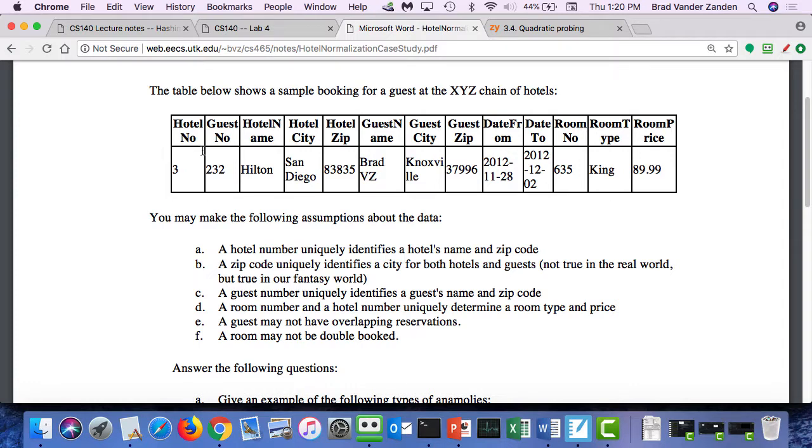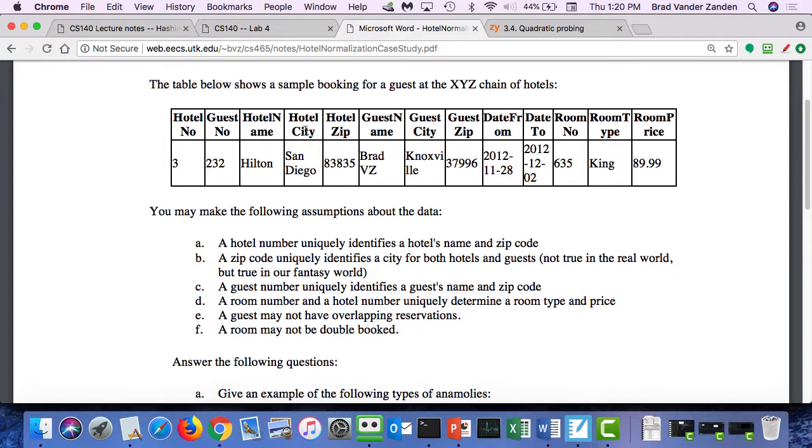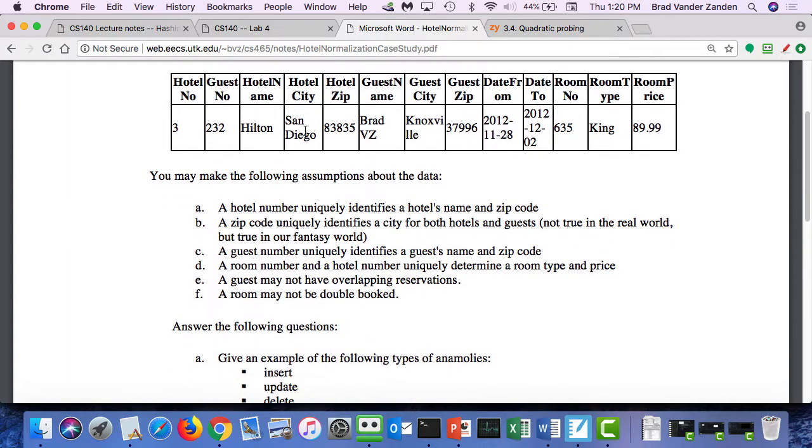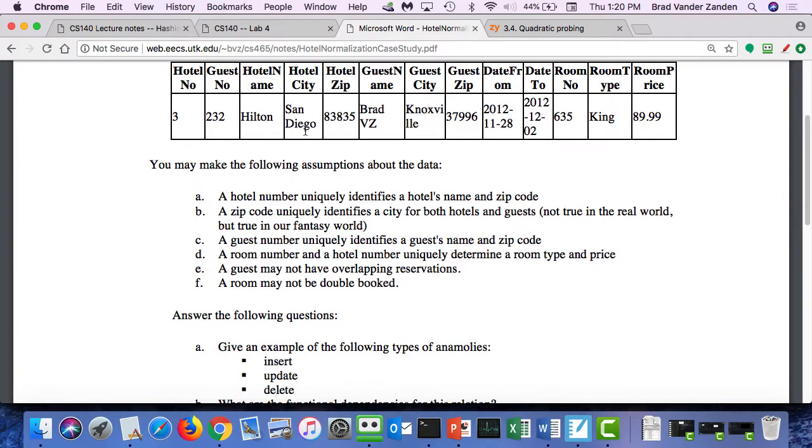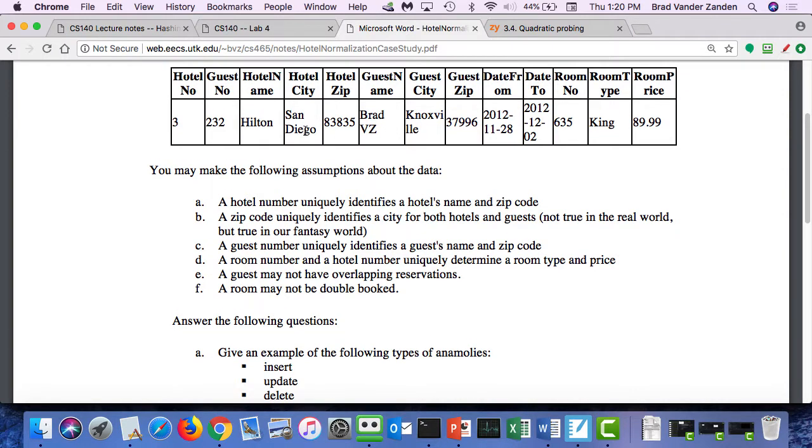So you have this big universal relation, which is essentially a booking relation for a hotel chain. So it contains reservations, so call it a reservation relation. What you need to do is give examples of the following types of anomalies, which means you first have to identify the primary key.